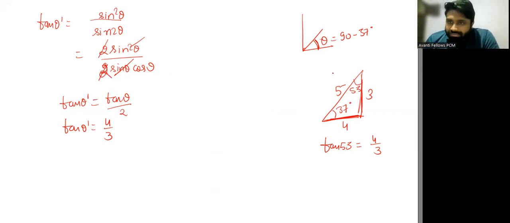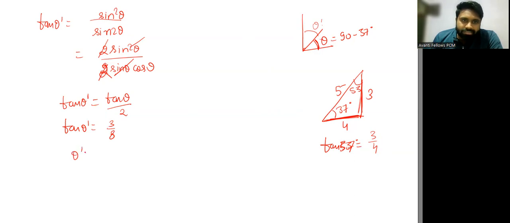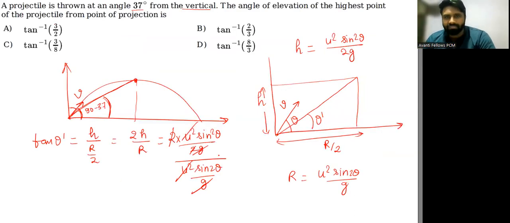It is just the reversal of the number because tan 37 is 3 by 4, and theta is given from this side. So tan 37 will become 3 by 4, and this will become 3 by 8. Now theta dash is nothing but tan inverse 3 by 8. Okay. So tan inverse 3 by 8 is the correct option.